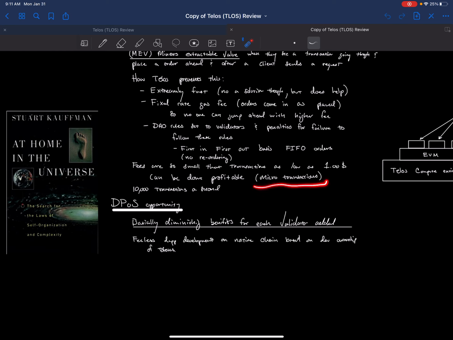So microtransactions. And that is a huge market because microtransactions can open up the possibilities for many different dApps that cannot exist on systems like Ethereum, because microtransactions allow for gaming or allow for smaller, cheaper, less expensive sets of DeFi computation to be paid for.